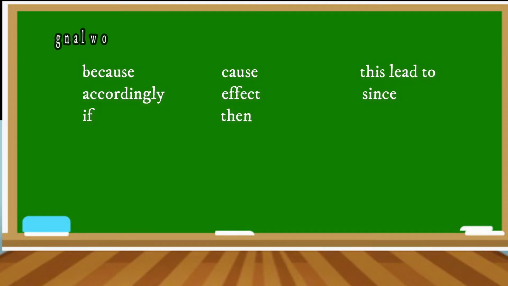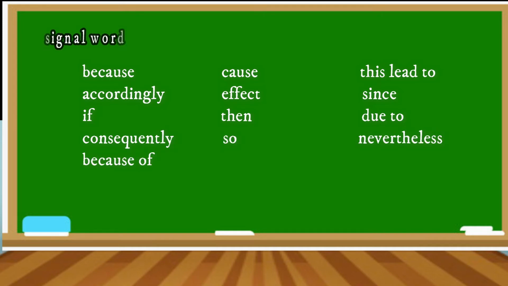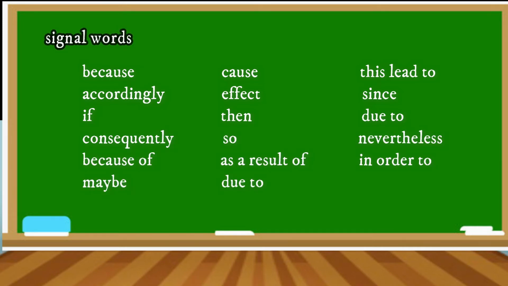The signal words for this structure are: because, cause, this led to, accordingly, effect, since, if, then, due to, consequently, so, nevertheless, because of, as a result of, in order to, maybe, yet, for this reason, not only, but also.